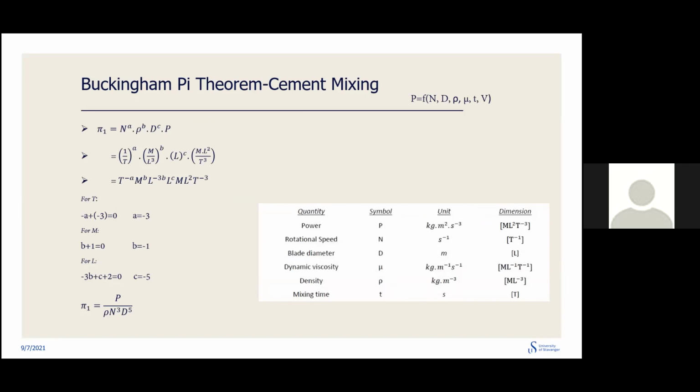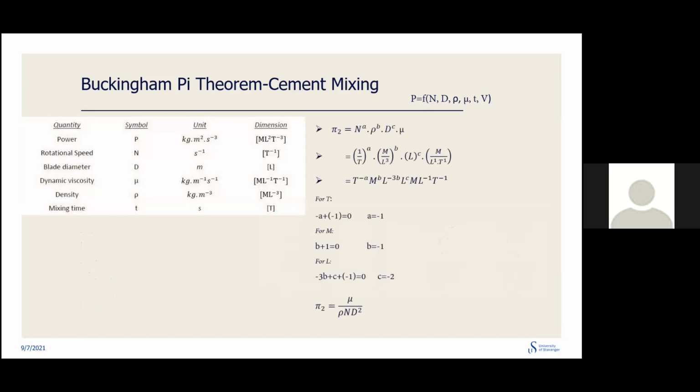Just follow the same procedure here, and my first pi is P over rho N^3 D^5, and this is called power number. It's a dimensionless number. Pi 2 again, and this one is also again Reynolds number, inverse Reynolds number.